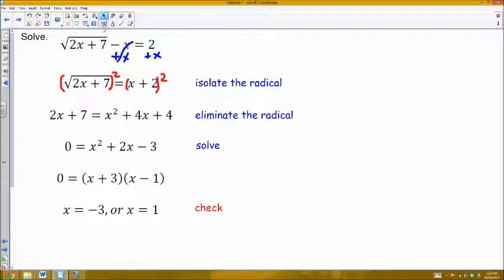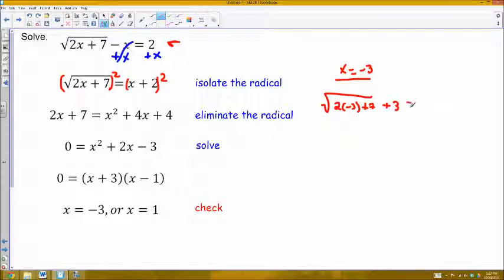If I take negative 3 and I go to check it, so I'm checking x equals negative 3 over here to the side, and where I'm checking it in is my original equation. When I plug in negative 3, I'll get the square root of 2 times negative 3 plus 7, minus negative 3 would be plus 3, equals 2.